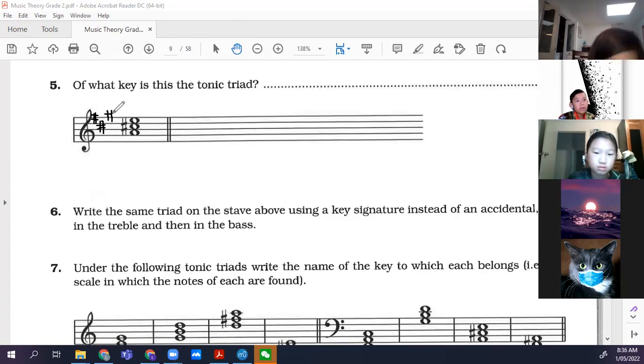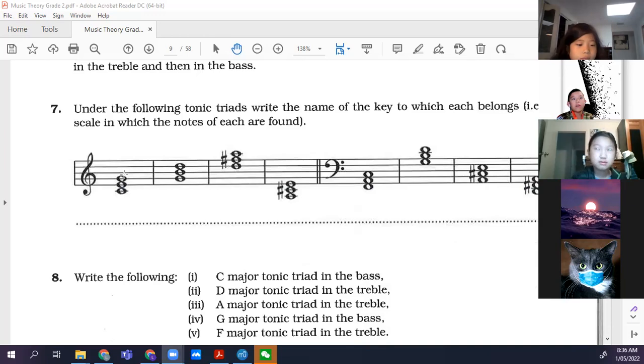I'll just continue it myself. Yep. But say the key signature wasn't there, as you can see, we need a sharp for C, because the key signature has F sharp, C sharp, and G sharp. If it wasn't there, then it would turn into a minor tonic triad.